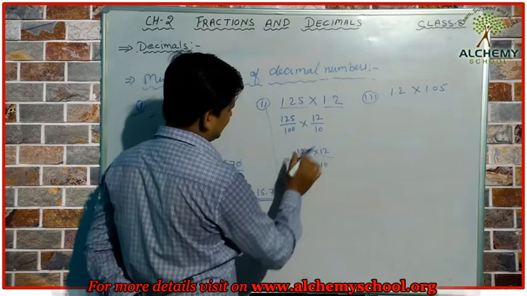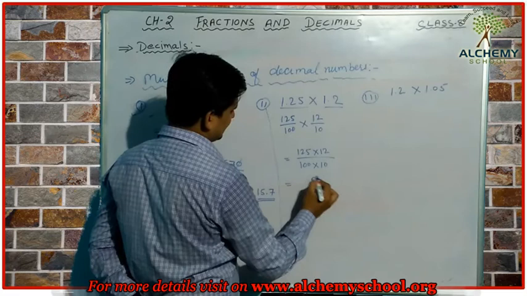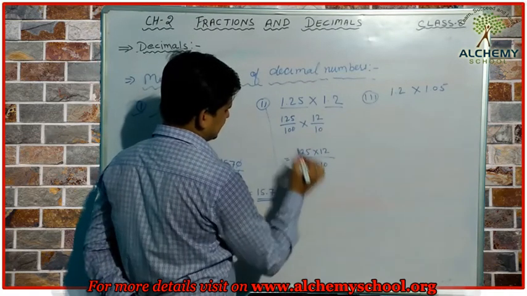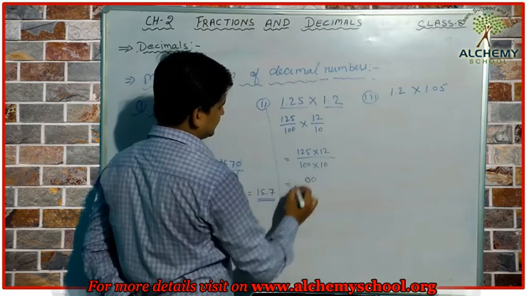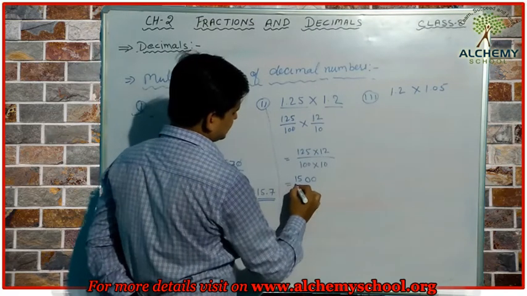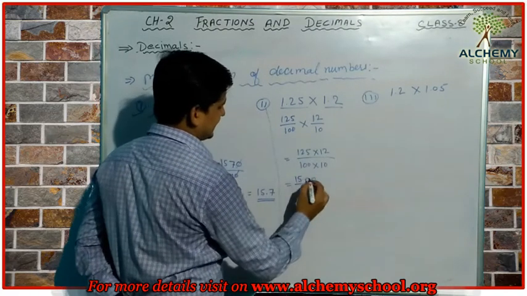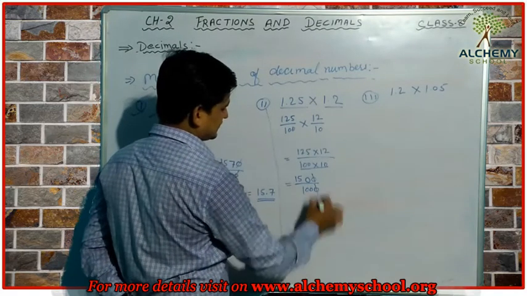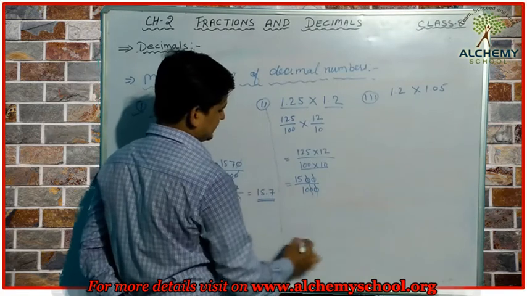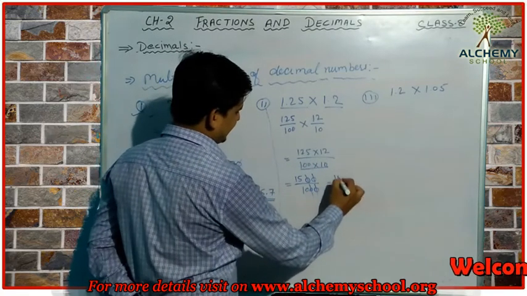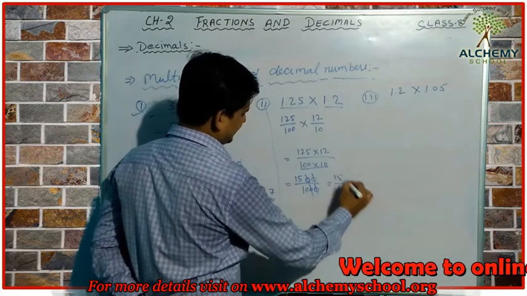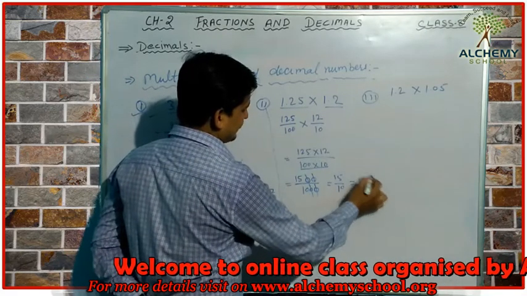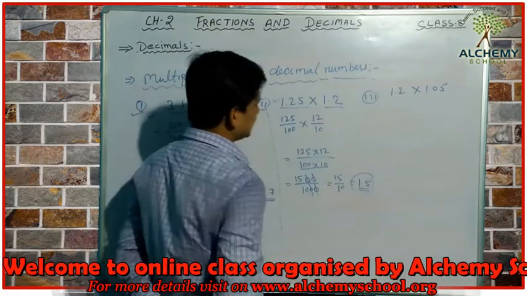When we multiply these values, 12 5s are 60, 12 2s are 24 and 6 is 30, 12 1s are 12, and so 1500, and when we multiply the denominators we get 1000. Now we have 15 upon 10, so this 15 upon 10 can be written as 1.5. So this 1.5 is the answer for this question.